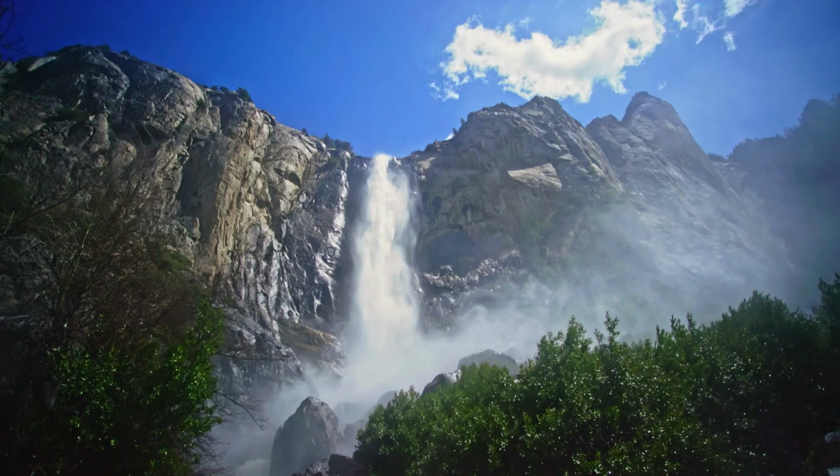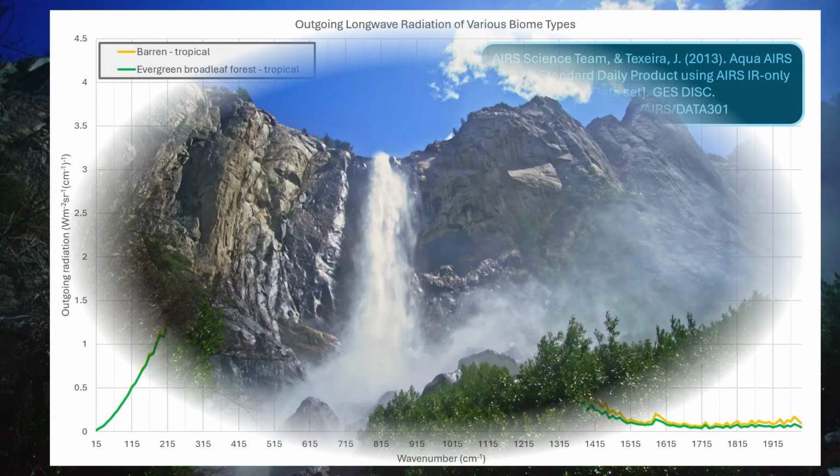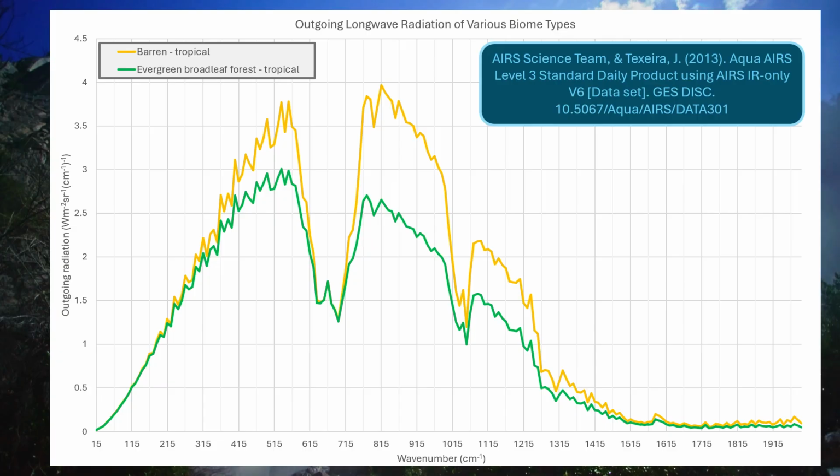While most greenhouse gases are relatively well mixed in the atmosphere, water vapor varies strongly across regions and is closely linked to surface conditions and vegetation. When comparing tropical rainforests and deserts, this contrast becomes especially clear. Incoming solar radiation may be broadly similar, but the way energy is processed differs significantly.